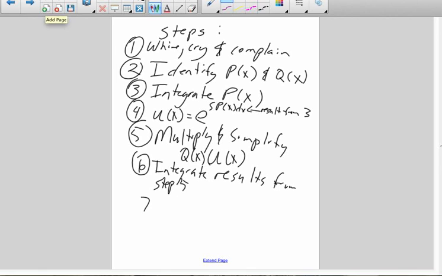And finally, you plug in and simplify. This gets you a general solution, and if you find a particular solution, then you plug in the initial points. Okay.